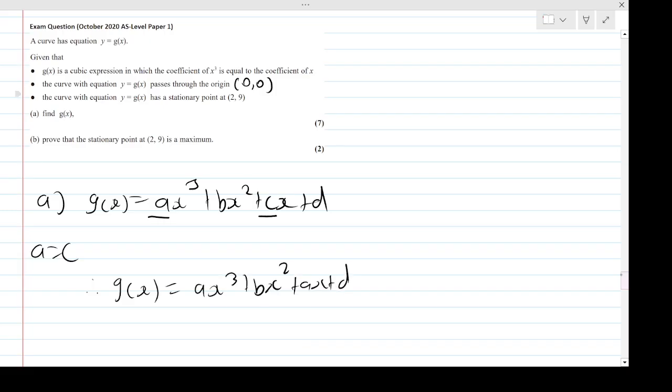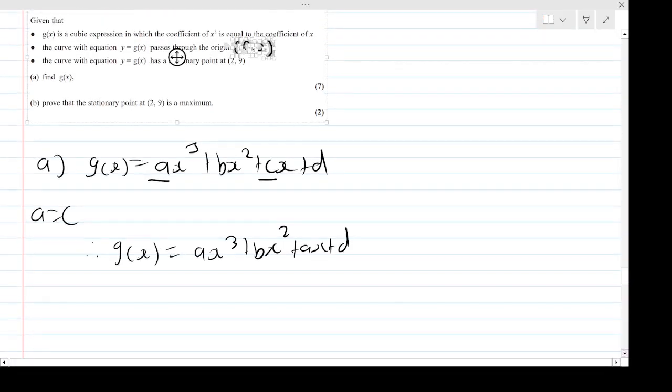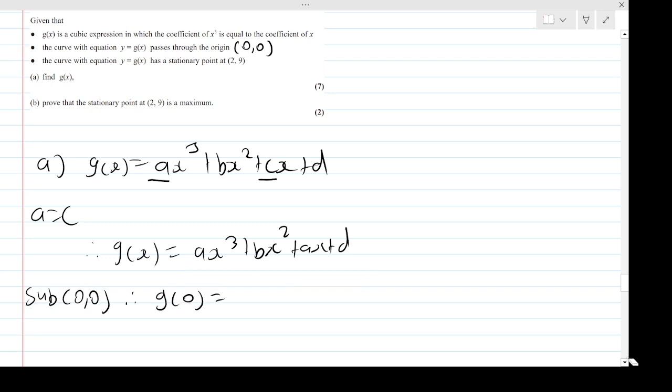Now, the next bit of information I'm told is the curve passes through the origin. I can just substitute that in. You might be able to tell me immediately that d has to be 0 and you'd be right. But if I was to substitute in 0, 0, which means that g of 0 has to equal a lots of 0 cubed, add b lots of 0 squared, add a lots of 0, add d.